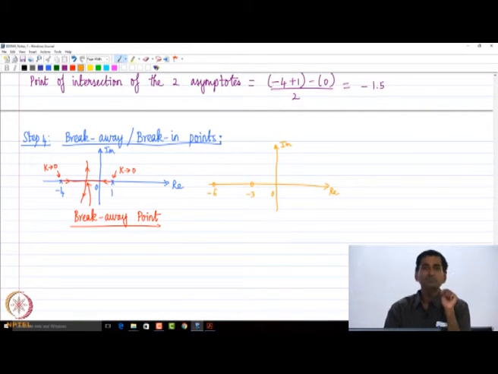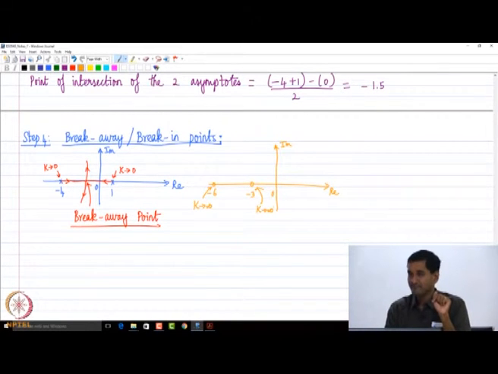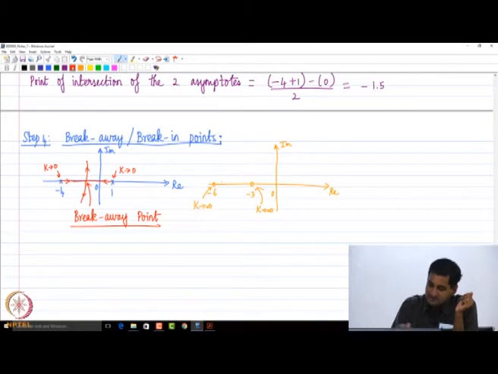What would happen? What do we know from our analysis? We know that the root locus will tend to the open loop zeros as k tends to infinity. Suppose there were a case where one branch comes in and terminates like this, and another branch comes in and terminates like this as k tends to infinity.